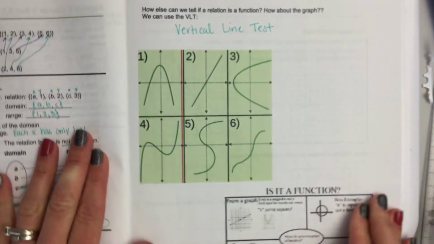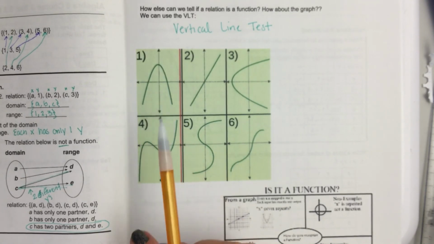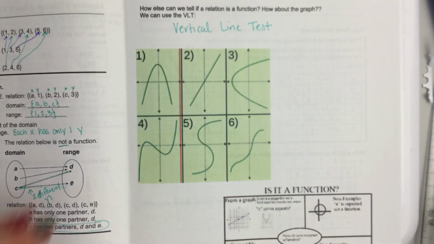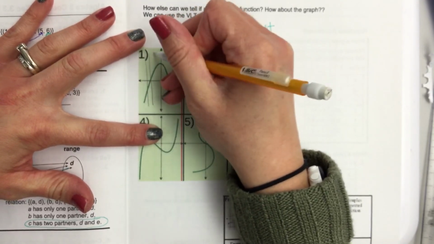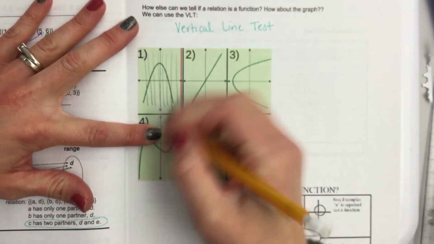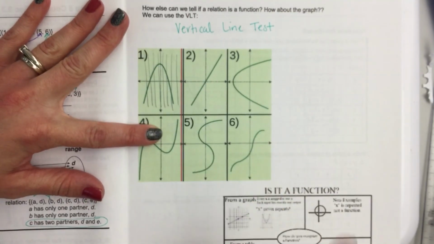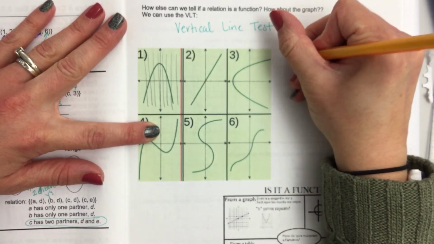This is probably the easiest way to tell if a relation is a function. Because if you have a graph of it, you can pretend to draw vertical lines across your whole entire graph. If one line crosses the graph twice, it fails. Okay? So you can put that here.